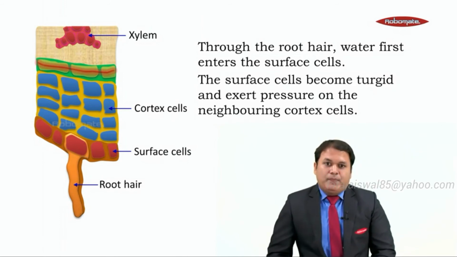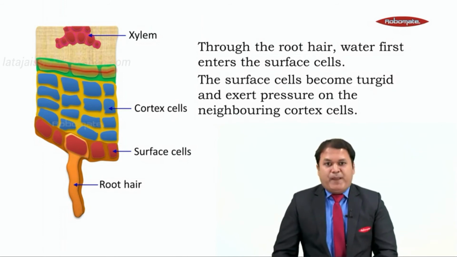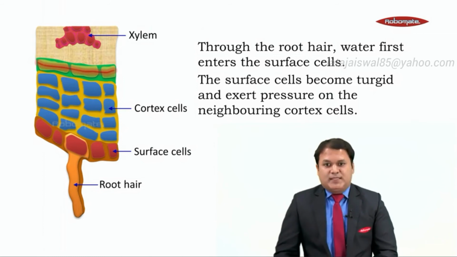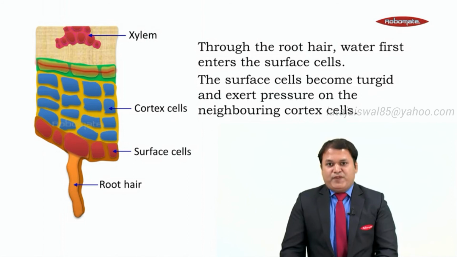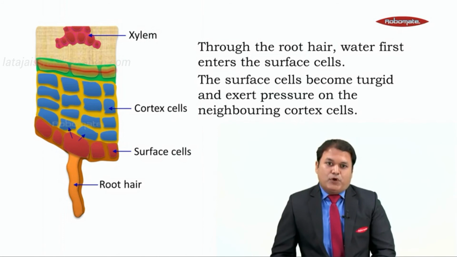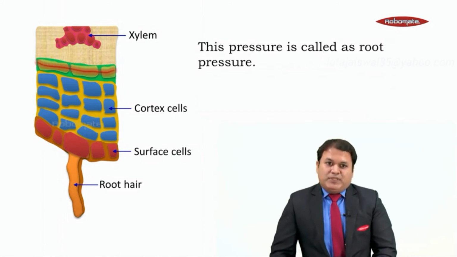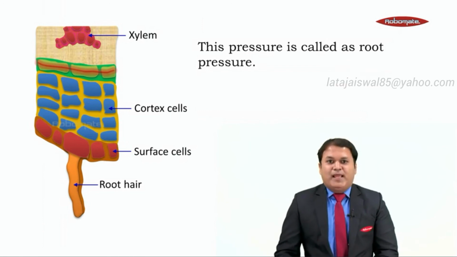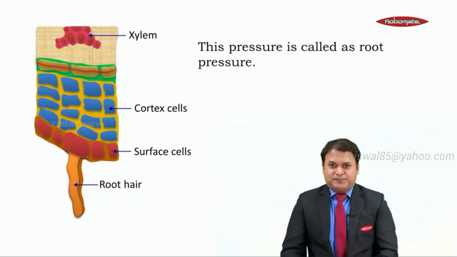And when they swell up, obviously they will exert pressure on the neighboring adjacent cells, that is the cortex cells. So you can see the surface cells swelling up, becoming turgid, and they exert pressure on the neighboring cells of the cortex. So this pressure which is exerted by the cells of the root is called the root pressure.